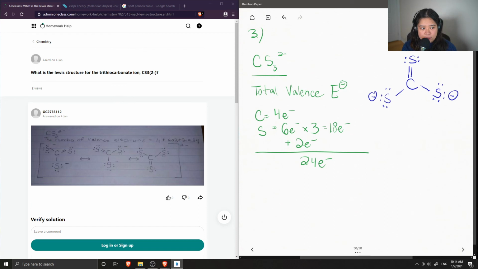So I can also draw different resonance structures. So let's draw this going down, just to have enough room, and with each sulfur containing the double bond.